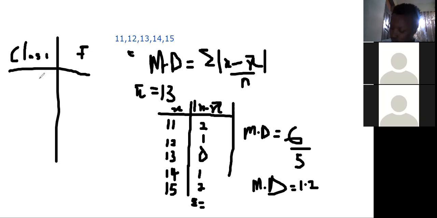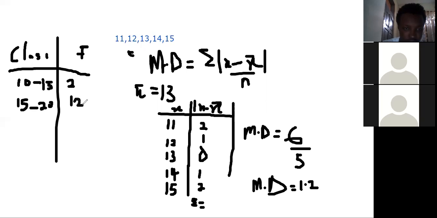The first one is a class of 10 to 15, and the frequency is 2. We also have a class of 15 to 20, the frequency is 12. A class of 20 to 25, and the frequency is 27.